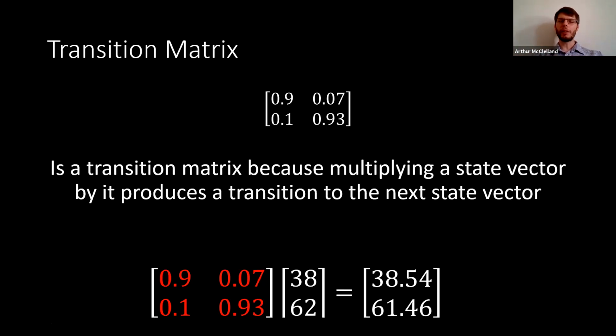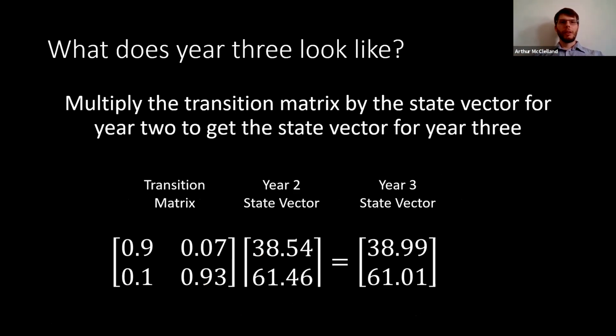But let's push on a little bit on the newspaper readership question. So how do we get the readership in year 3? We take our transition matrix, and we multiply it by the year 2 state vector, and this results in our year 3 state vector.